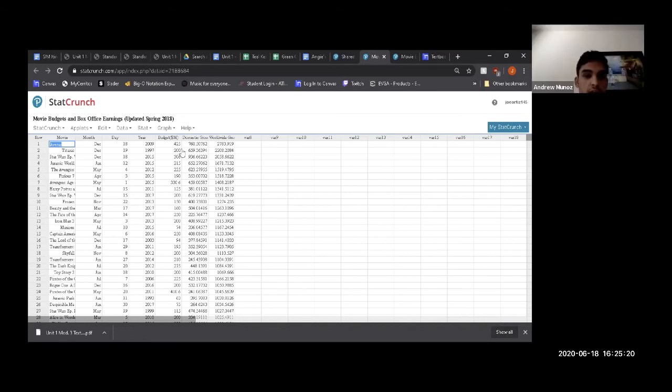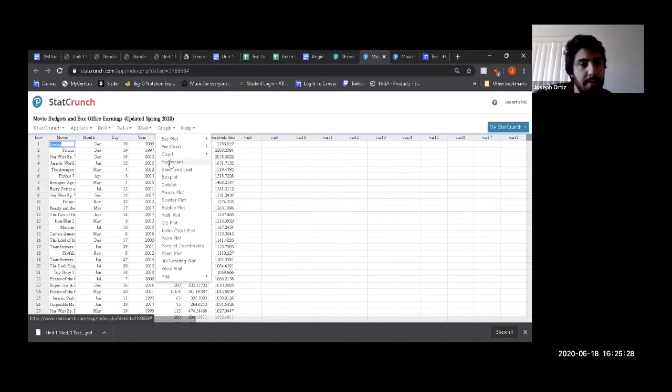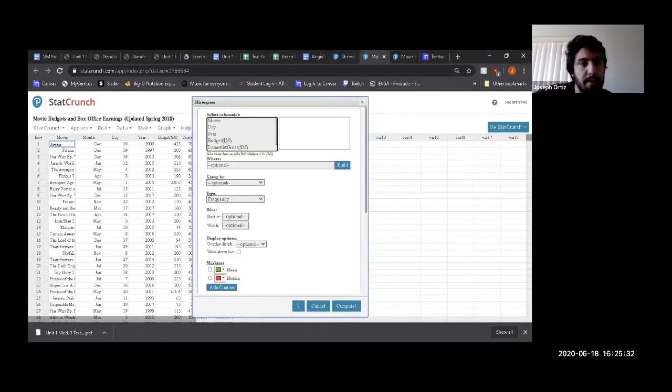The year would be categorical, but the budget, yeah, numerical. So we go to graph, go to histogram, and we graph the budget. I'm just showing you what it's going to look like, so that our values make more sense.